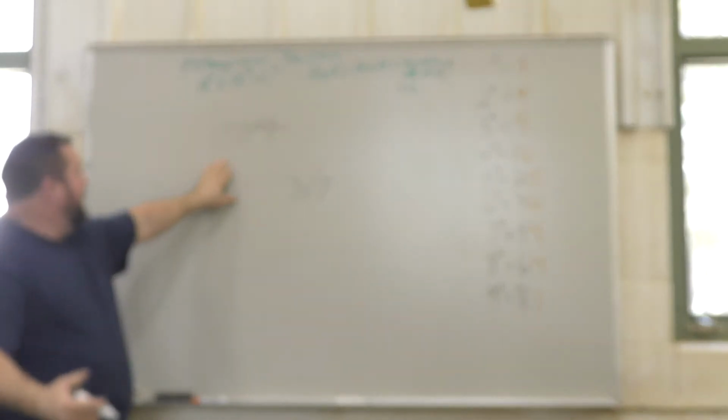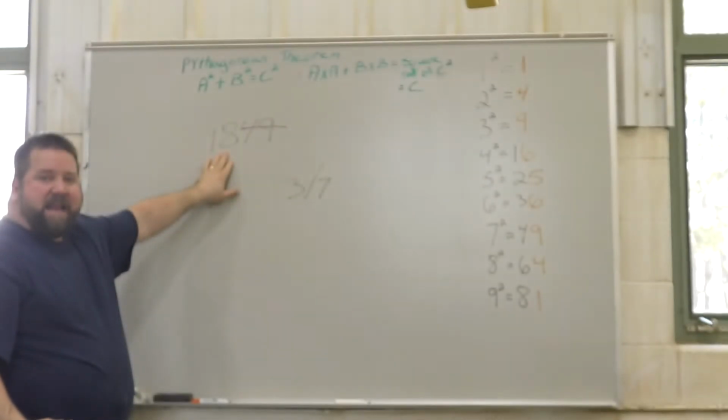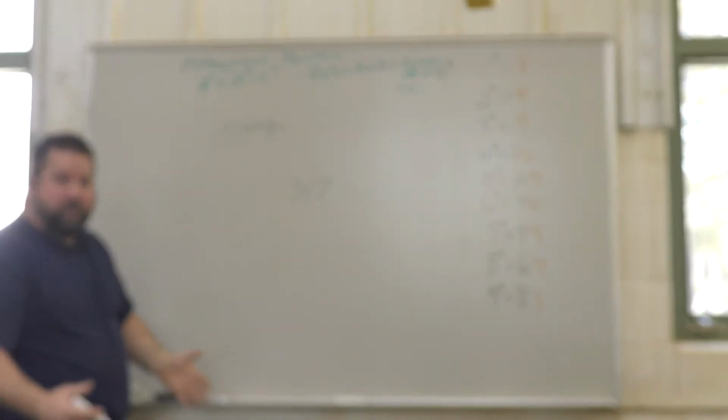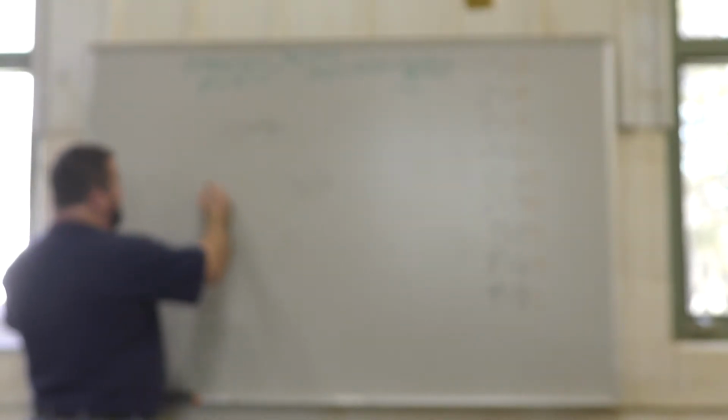Well, what times what is either the same or less than 18? We know that 5 times 5 is 25. So 25 is too much, so it must be less than that. 4 times 4 is 16. So we know that has to be it, so it's 4.